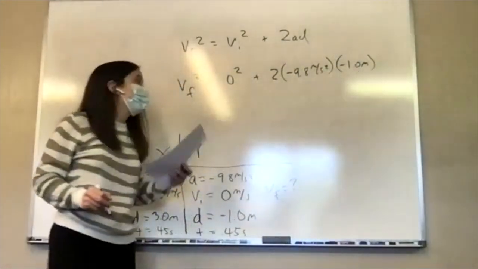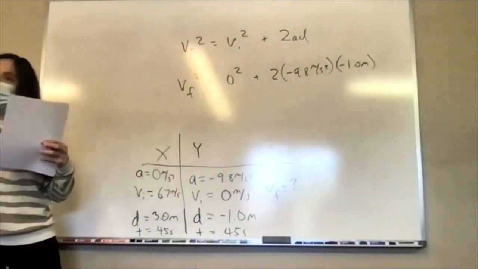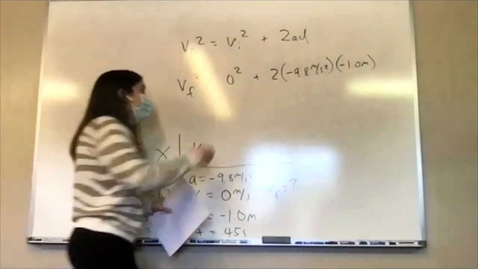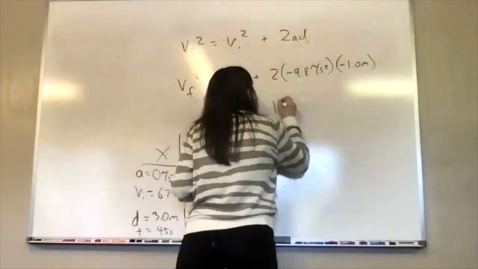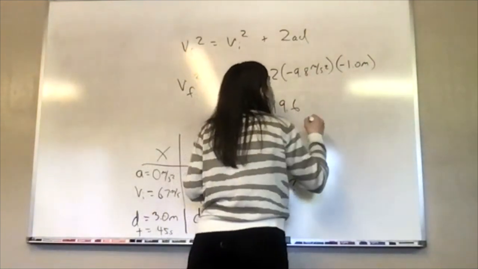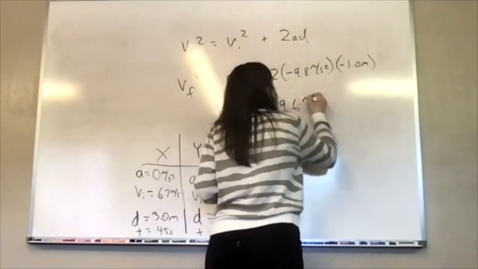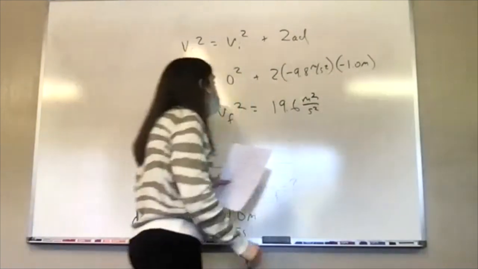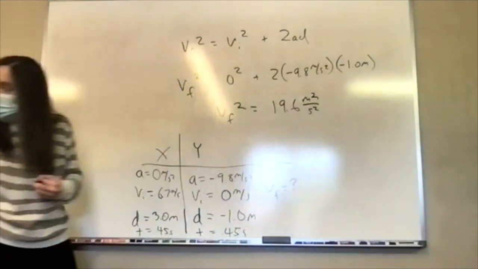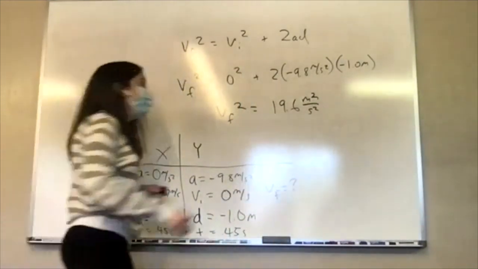So we would just multiply 2 times negative 9.8 times 1. And that gives us VF squared equals 19.6 meters squared over seconds squared. Square root both sides.